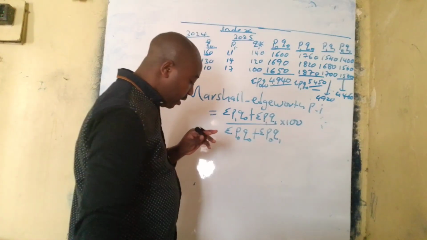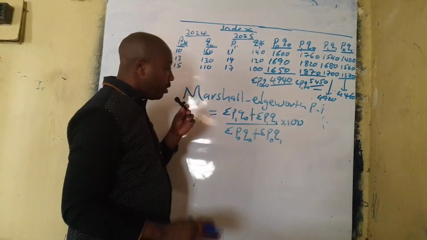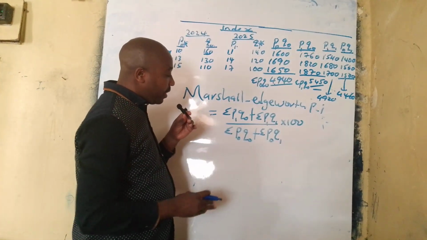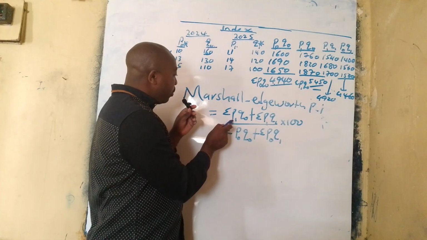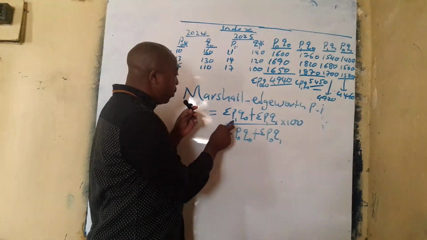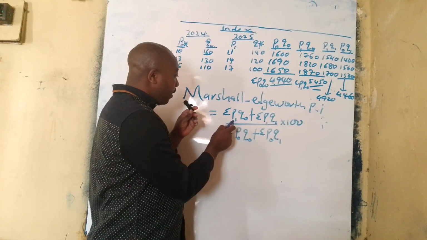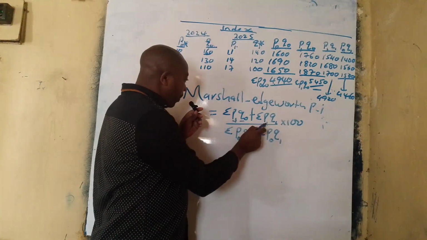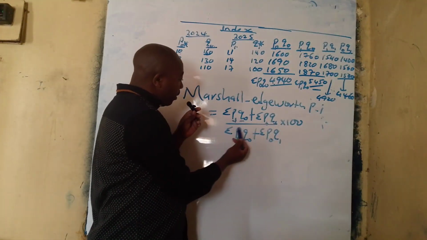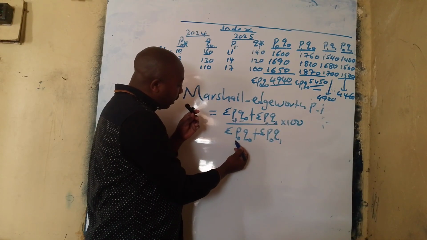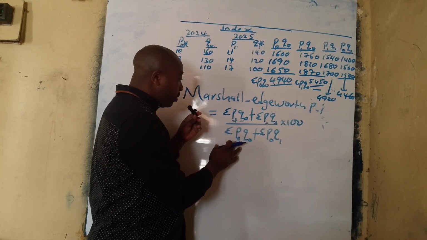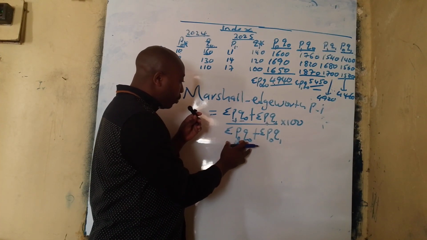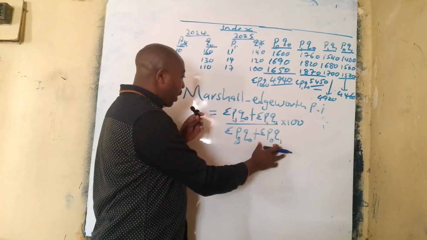And someone may think the formula is not friendly. No, the formula is very friendly. Just look here. The numerator, we are using P1, multiplying P1 with the quantities: P1Q0, P1Q1. Denominator, we are taking P0, the price, and multiplying with the quantity: P0Q0, P0Q1.